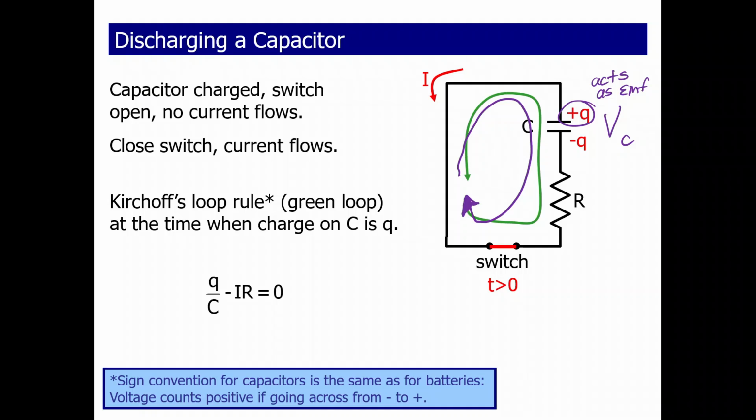Because in this case, if your current's going that way, you're going the wrong way through the capacitor, and so you would end up with a negative right here. This problem is going to handle that a little bit differently, because we've chosen our direction to go from negative to positive.